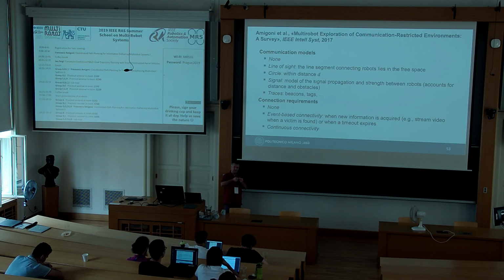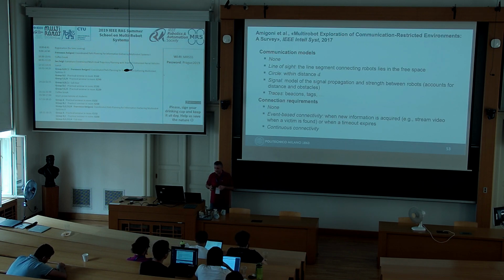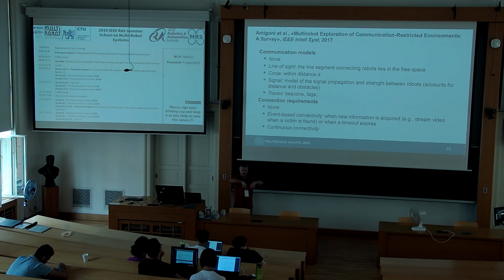So if we can connect them with a line segment that does not touch any obstacle. Or we can assume that they communicate if they are, and this is also quite typical, inside a circle, okay? So if I have a robot, I have a circle of some radius, okay? And if another robot is inside this circle, then the two robots can communicate with each other. Or we can have more complex ways to model the signal propagation in the environment.